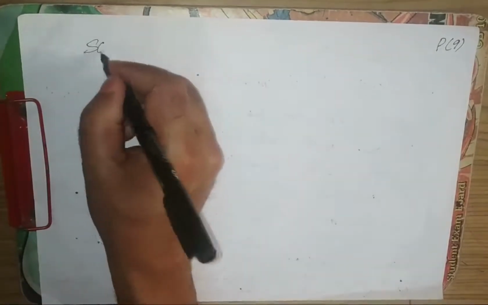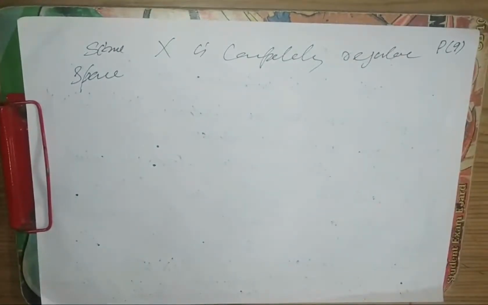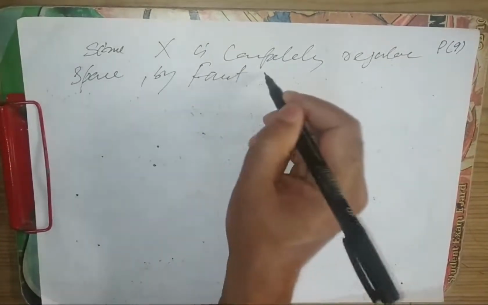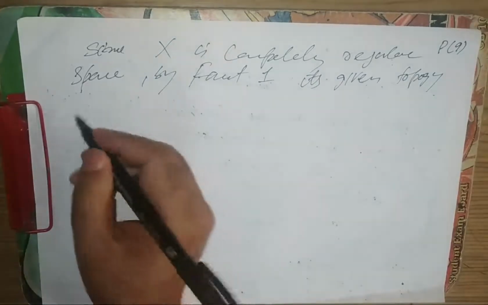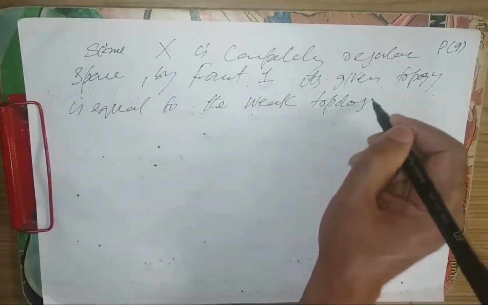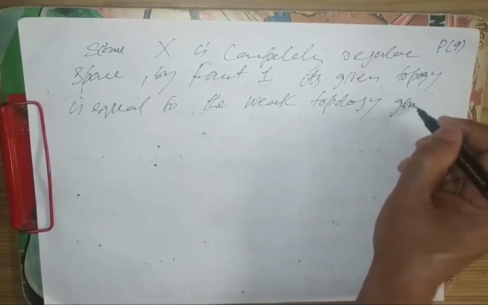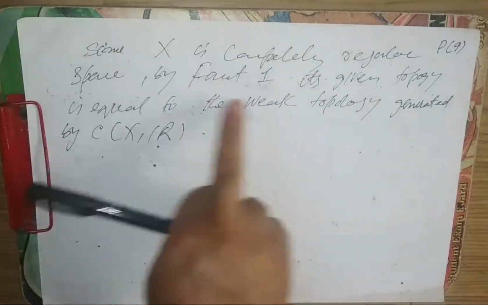Now, since X is a completely regular space, by fact 1 its given topology is equal to the weak topology generated by C(X,R).